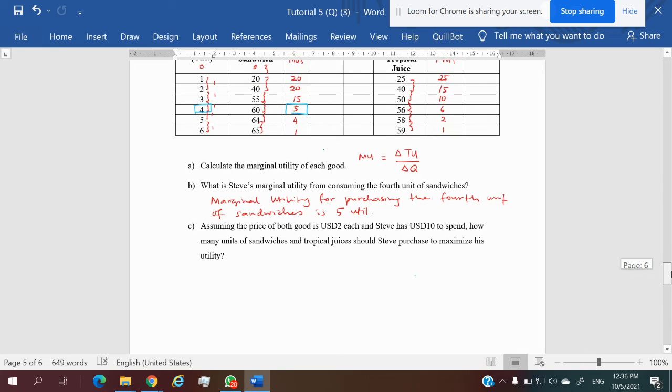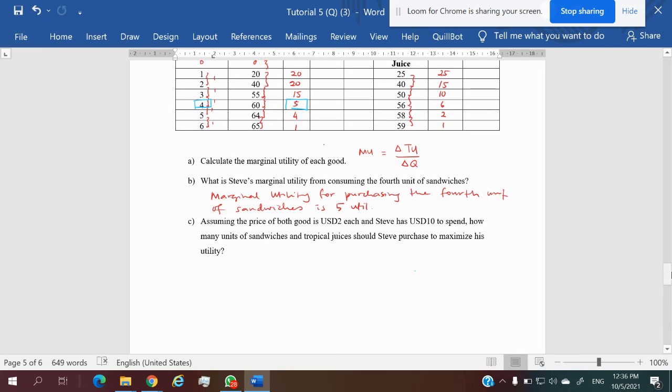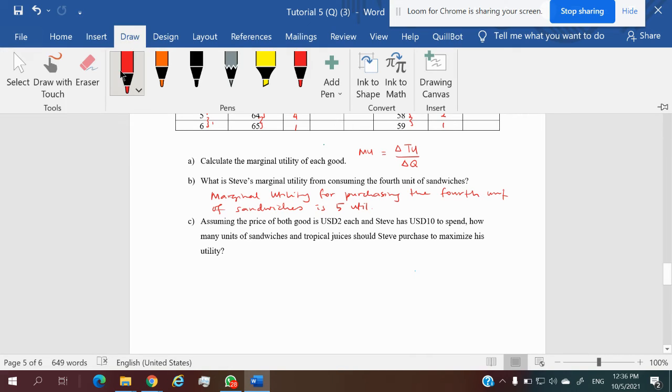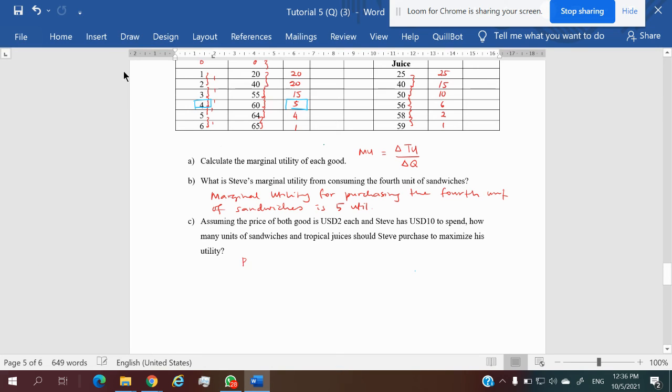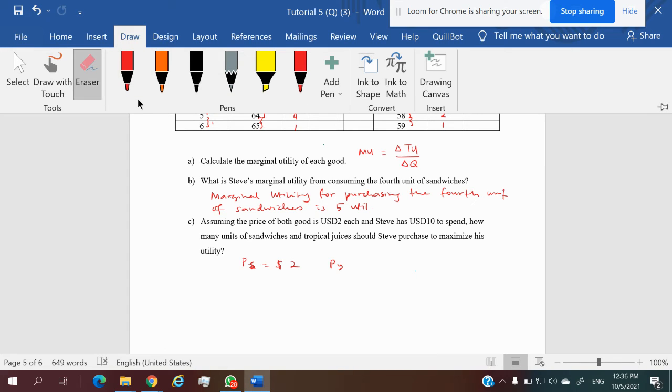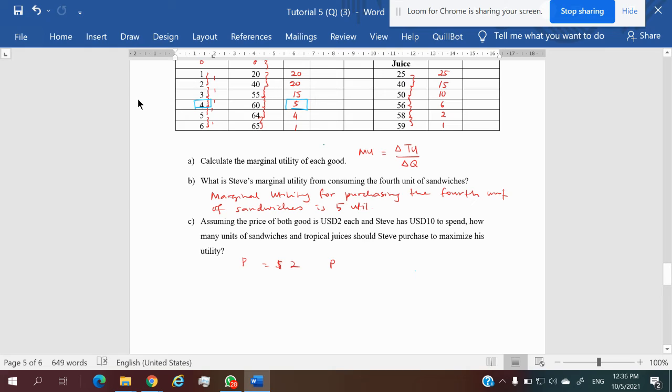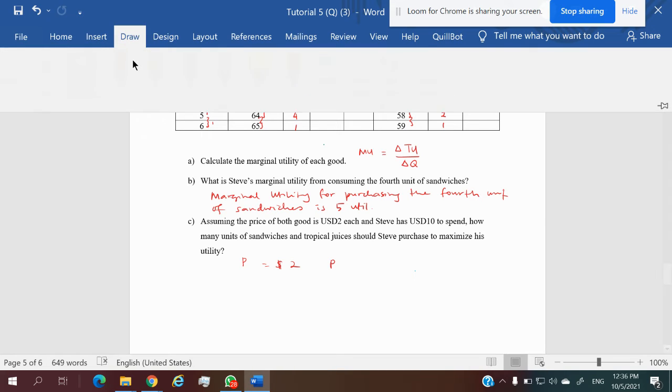Next question, C. Assuming the price of both goods is $2 each, this means the price of sandwich is $2, and the price of juice is also $2.